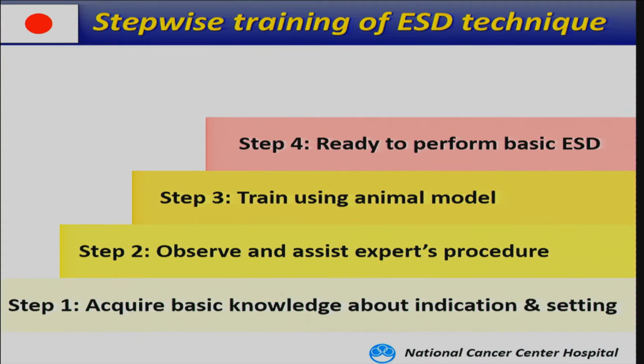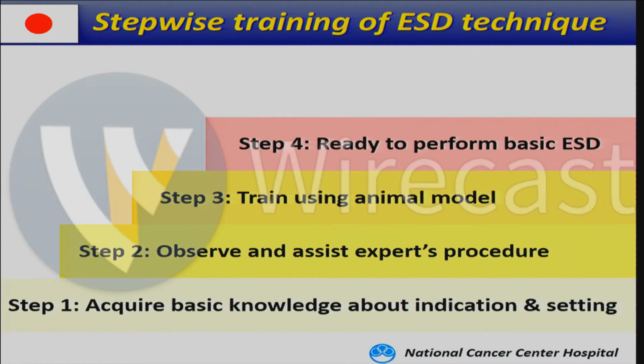In Japan, the ESD procedure is widely spread and accepted as a standard of care for gastrointestinal neoplasms. So many Japanese institutions have their own training system with several variations.